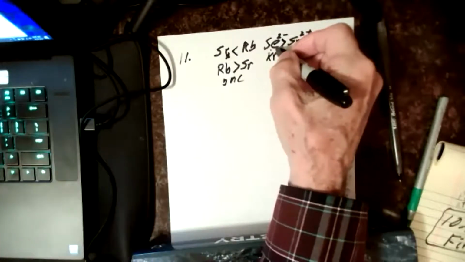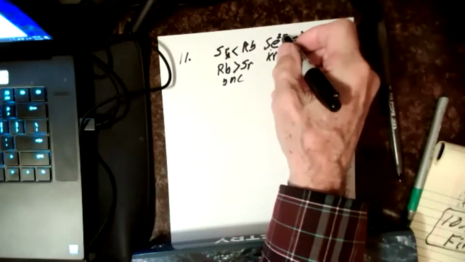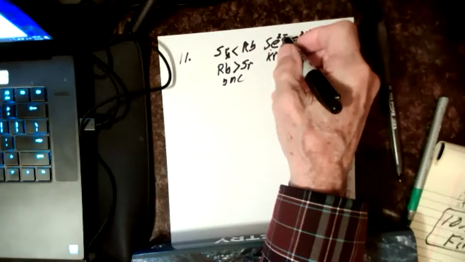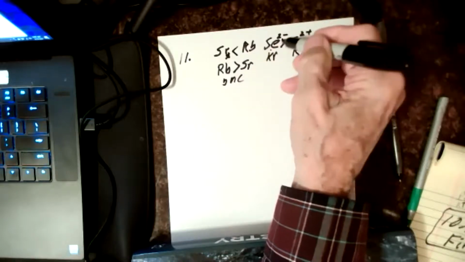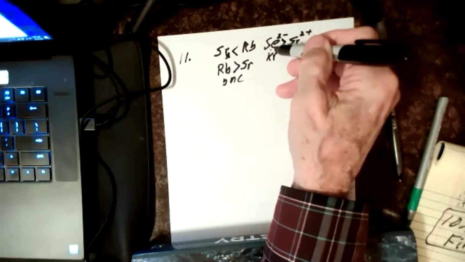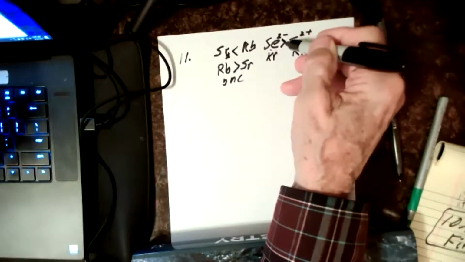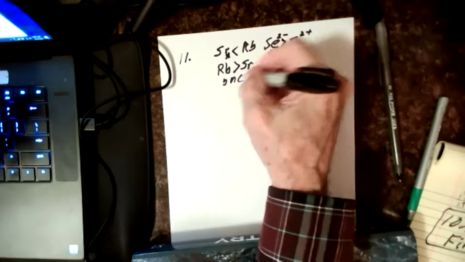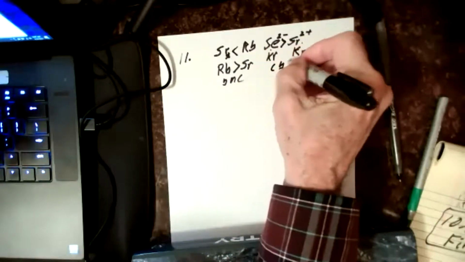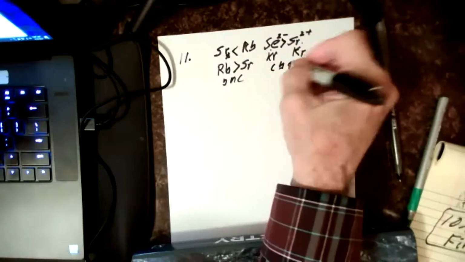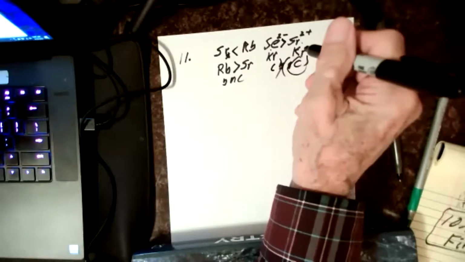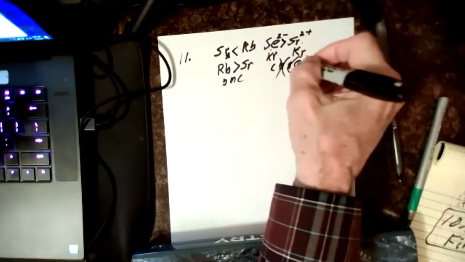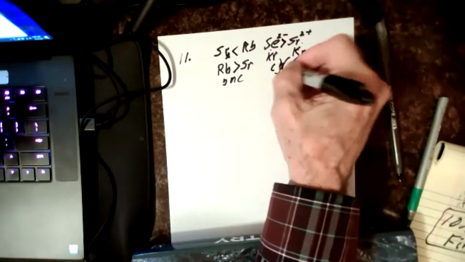So I'm looking for an answer that's Se minus greater than, in either B or C. So of these two, I was comparing B and C. B doesn't work. C is then the correct answer. No, I'm sorry. This thing is backwards. It's got B and C.